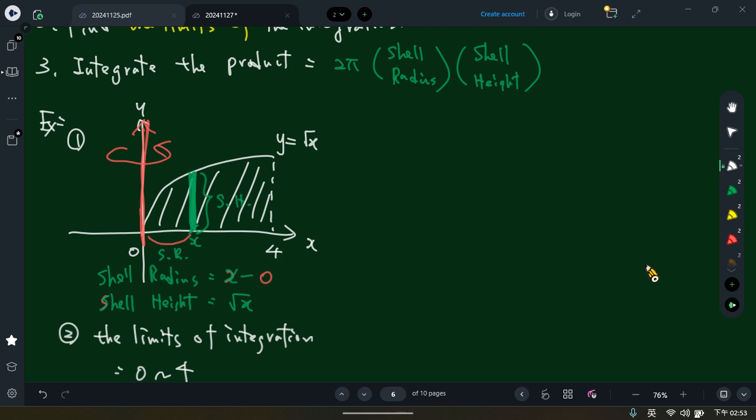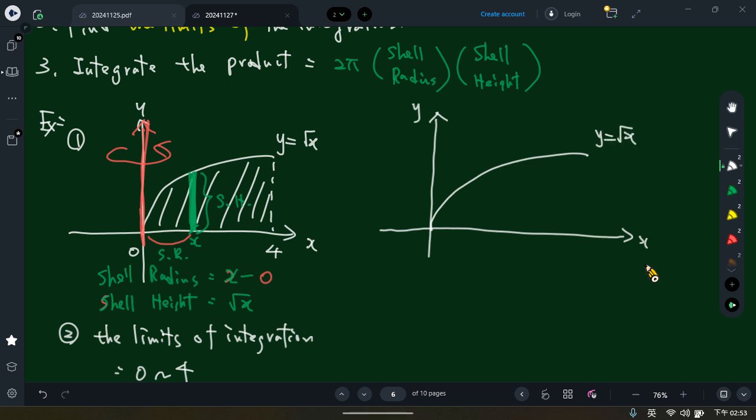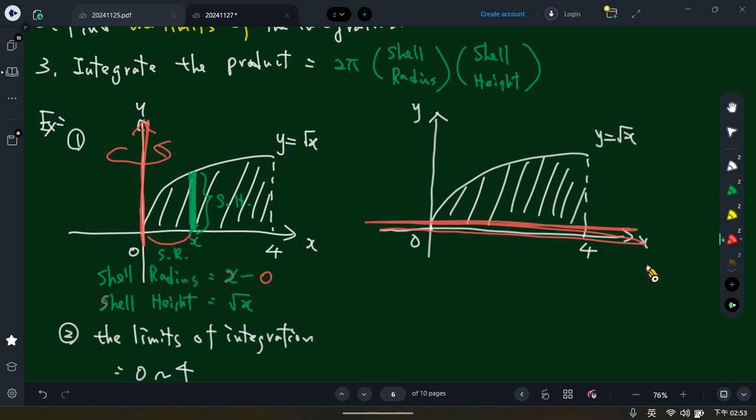Okay, so that's type 1. Another one is, the shape is still this one, and still 0 to 4. But this time, if the rotation axis is here, this is the rotation axis. So in this case, 2 ways.